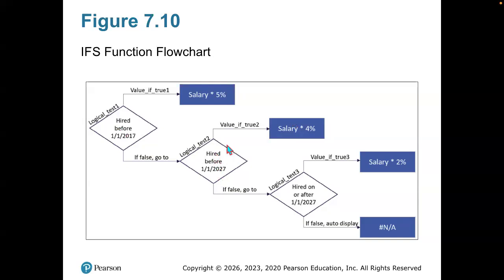Maybe that's not true either. If false, then we test if they're hired on or after January 1st, 2027. This is kind of like an else condition. If those other conditions aren't true, we go to this one by default. If this is true, then your salary is only increased by 2%.